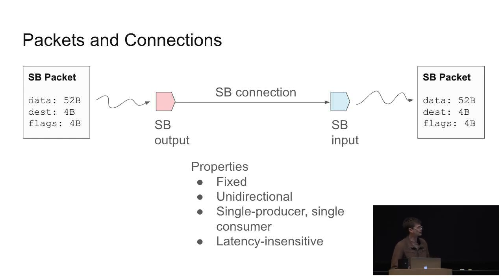These Switchboard packets are conveyed over Switchboard connections, which mimic a physical hardware communication link. They have the following properties. They're fixed, unidirectional. They're single producer, single consumer, meaning that you can only have one transmitter and one receiver for each link. And they're also latency insensitive.